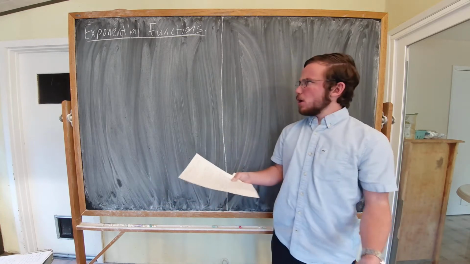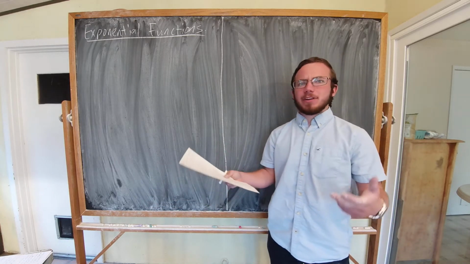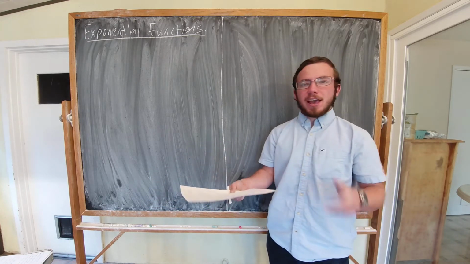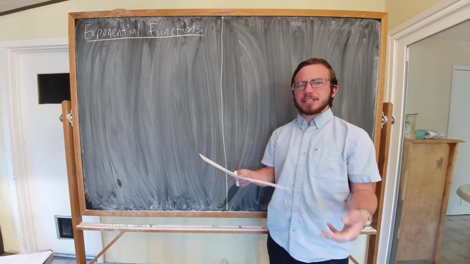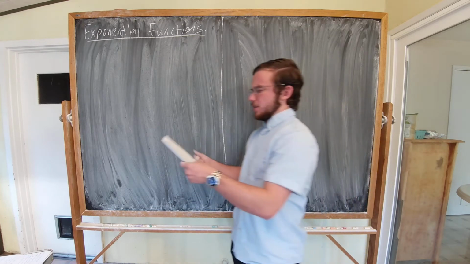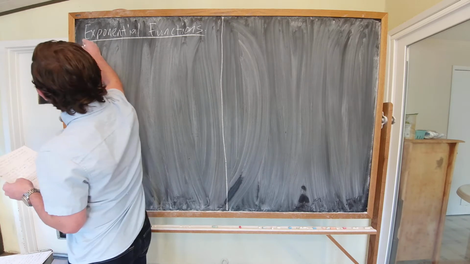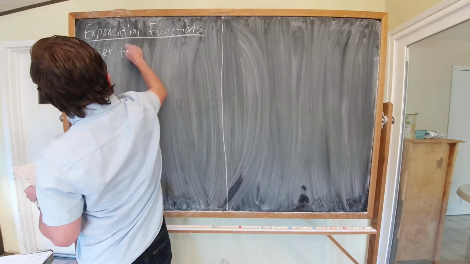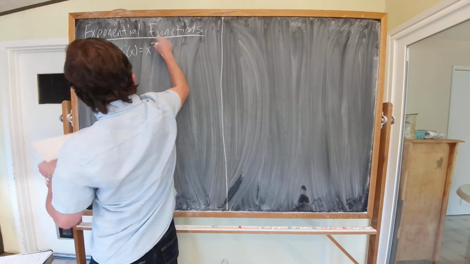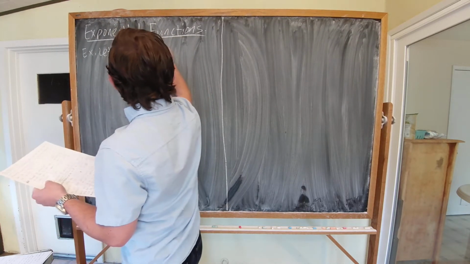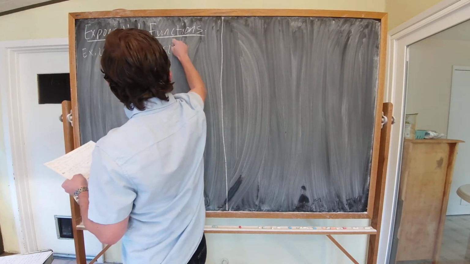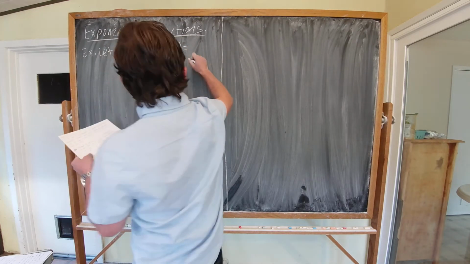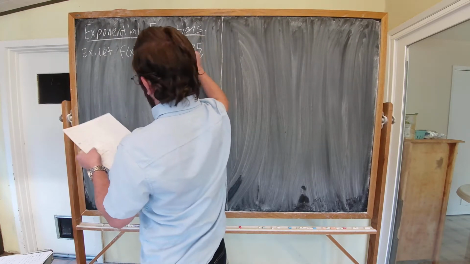So, thus far, most of the mathematics we've done has been with polynomials. And polynomials tend to grow at relatively slow rates, right? So, for instance, if we let f of x equal x squared, then f of 5 is equal to 25.